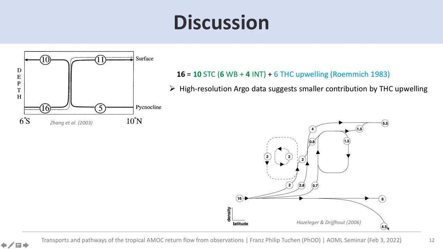Even 4.5 are subducting, and what is left is these 5.5 Sverdrups of THC upwelling, which they also compared to the Römmich values and said they are in quite good agreement. So definitely a few studies are relying on these estimates by Römmich, and we are now providing a different value and questioning this previous estimate.